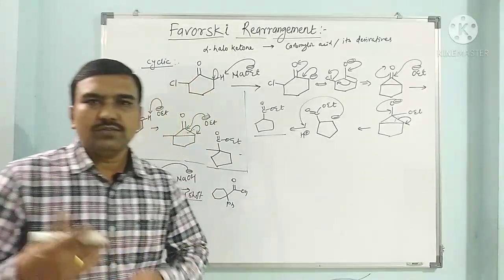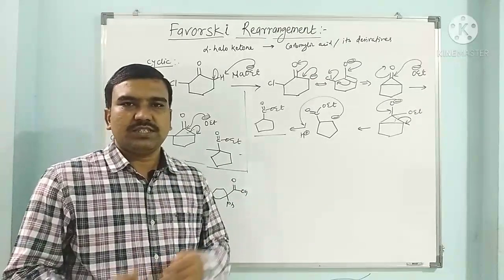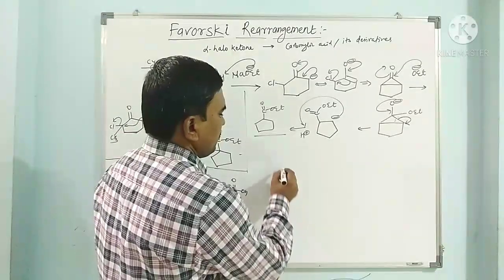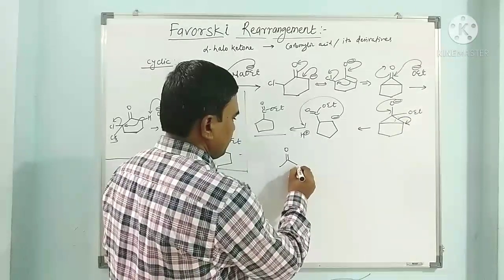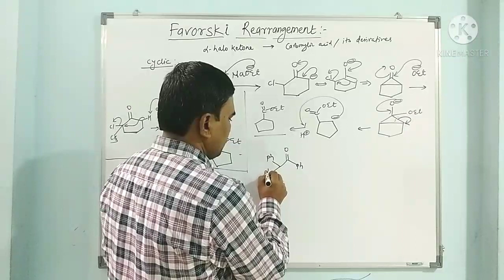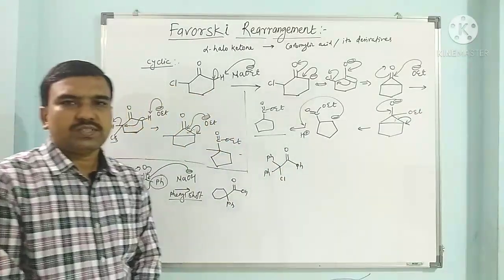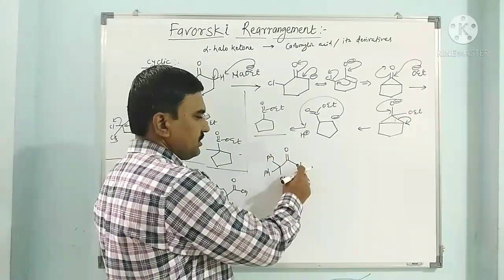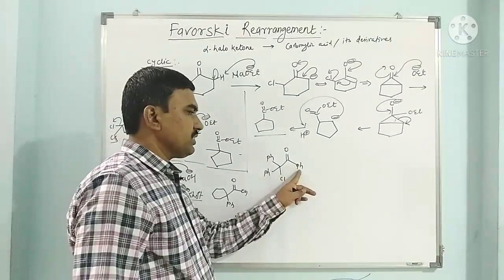Now the next example, in which there is no alpha hydrogen on the other side, meaning an alpha haloketone is there but the other carbon doesn't have an alpha hydrogen. For example, this CO, here Ph, here Ph, here Ph, and here Cl. The other side alpha carbon doesn't have hydrogen because it is a substituted aromatic carbon.